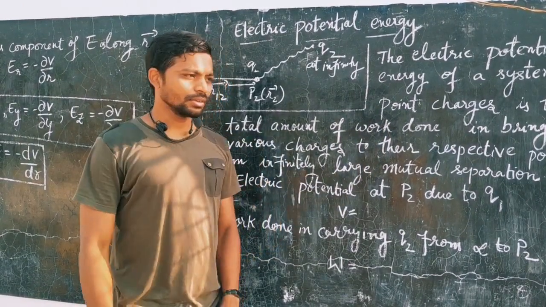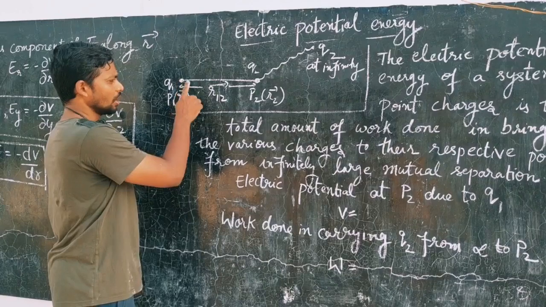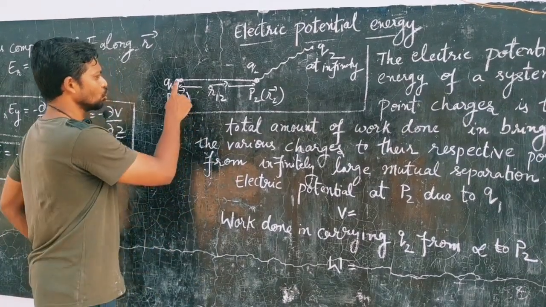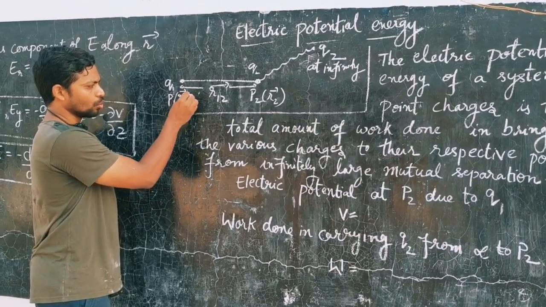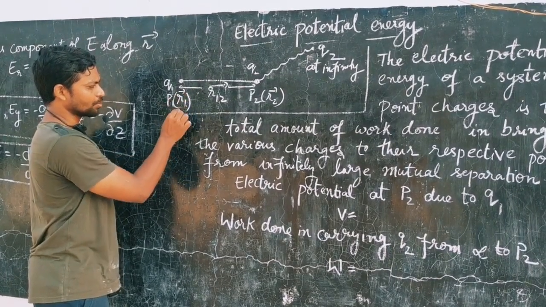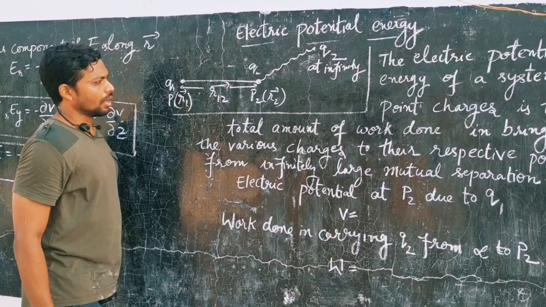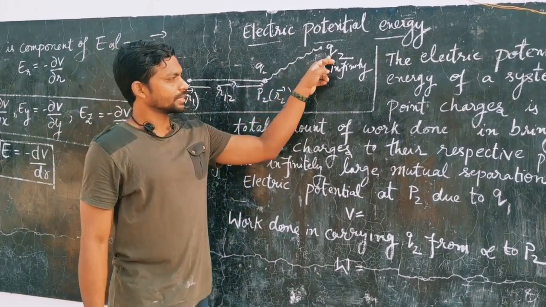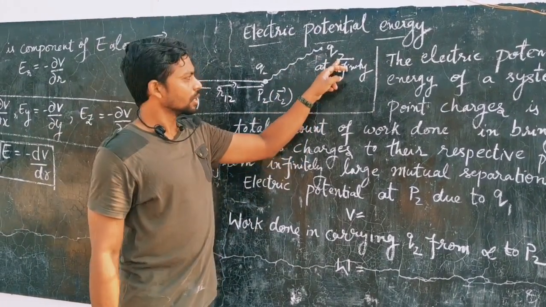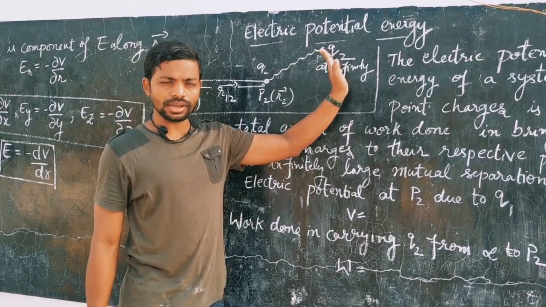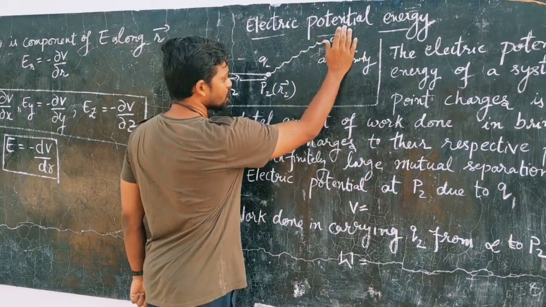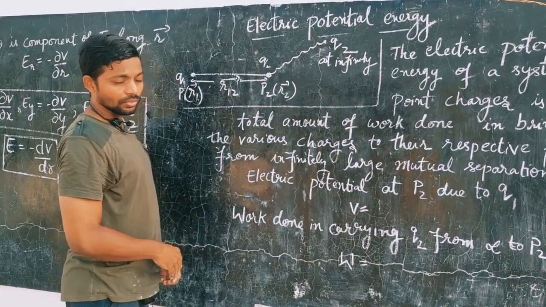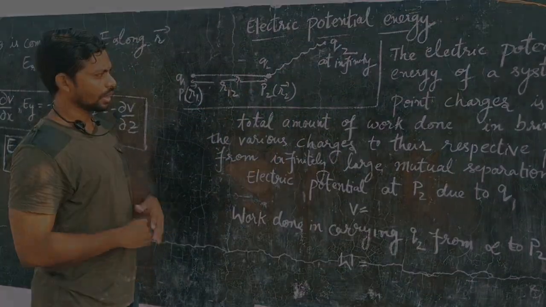Now let us consider a system of 2 point charges, Q1 at a point P1, whose position vector is R1. Let us say there is one more point charge, Q2, that is at infinity. I would like to bring the charge Q2 to position P2 from infinity, right?